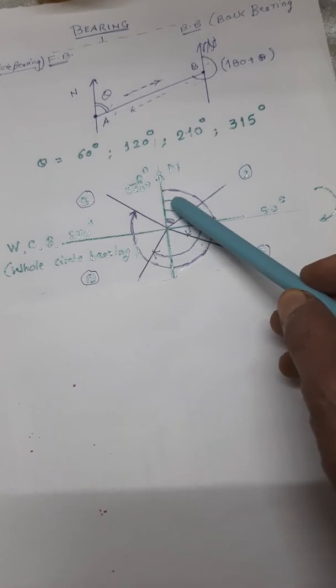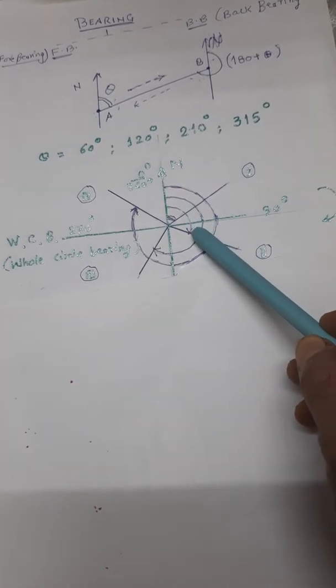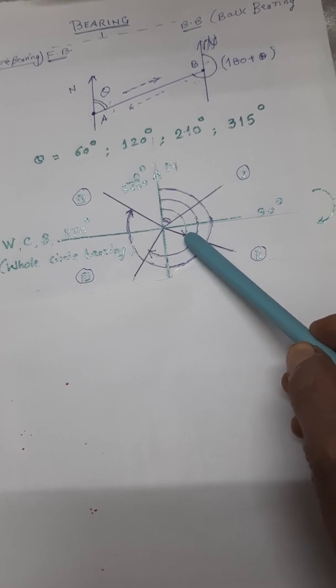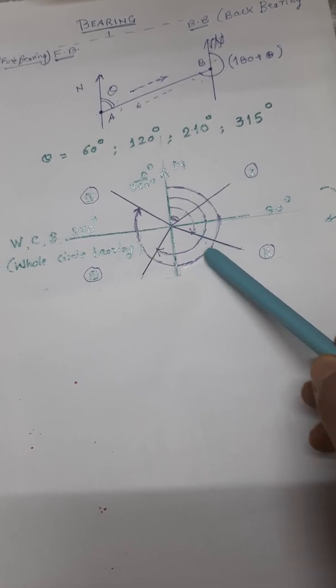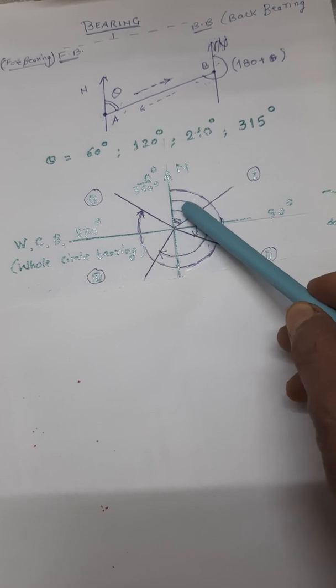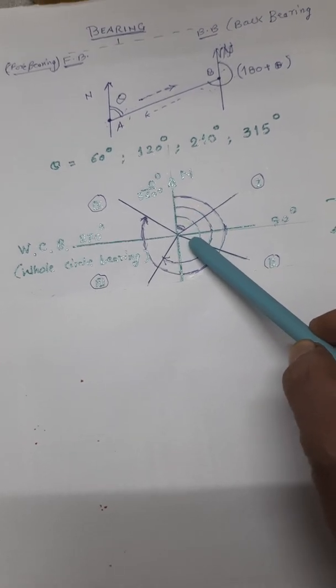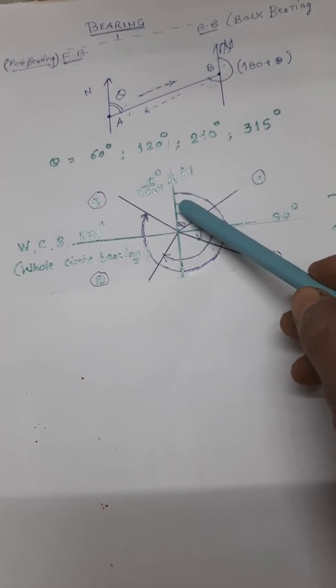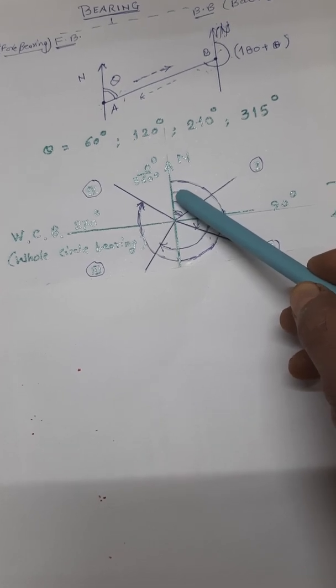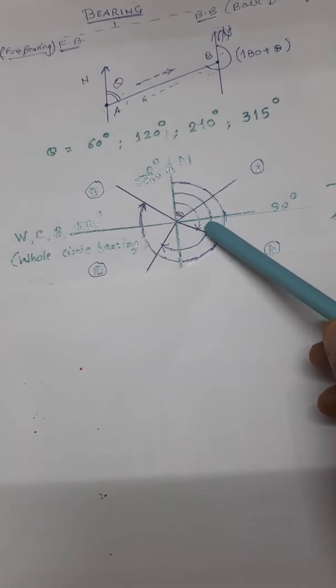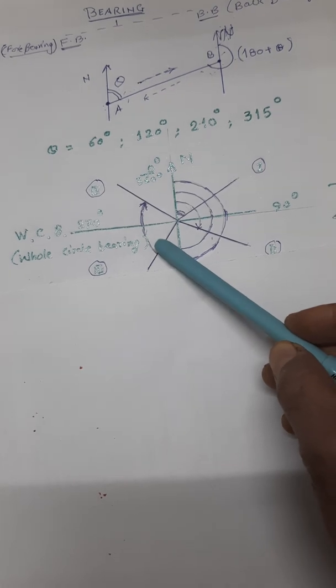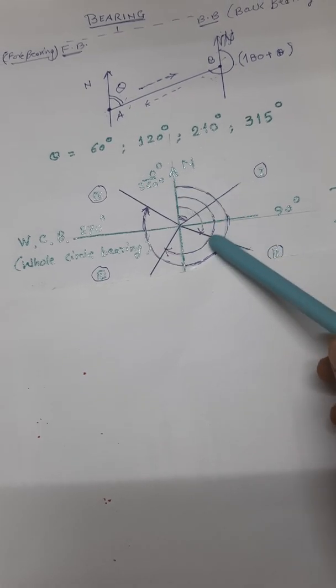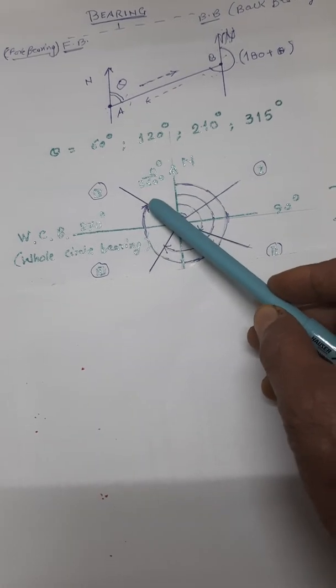Secondly, the second line goes like this and comes over here. This is 120 degrees, and the angle again starts from here and reaches this line. Third, 210 degrees. It goes like this and comes over here. Fourth, it goes like this and comes to the fourth quadrant.